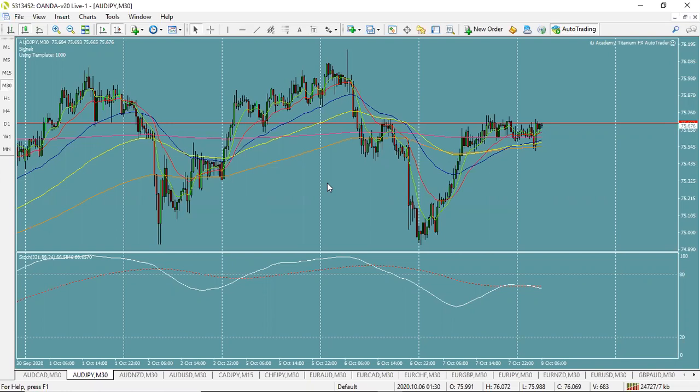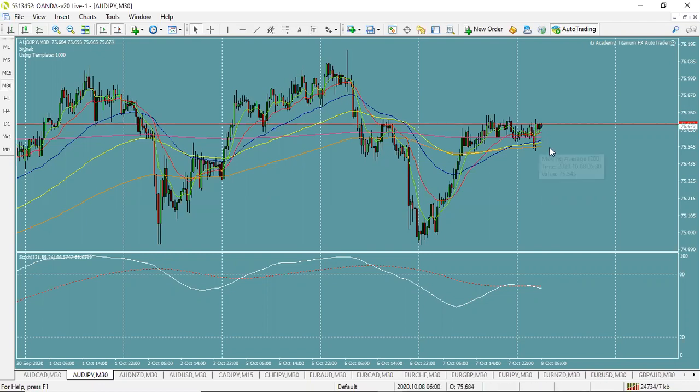But looking at this Aussie yen, if we were to analyze it right now, we see our 720 is here in the middle. We see that the other moving averages are actually in order to the upside, but they're all in a very, very small range. We're sitting at about 75.67, and right across that line has been a level of resistance for us.